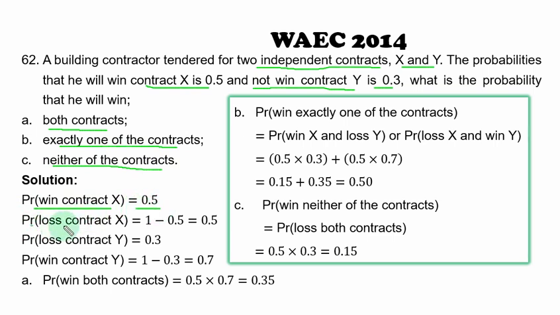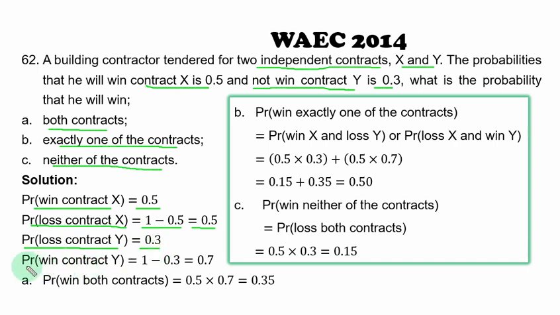Then probability lose contract S is 1 minus win contract S, and that is 0.5. From the question also, probability lose contract Y is 0.3.